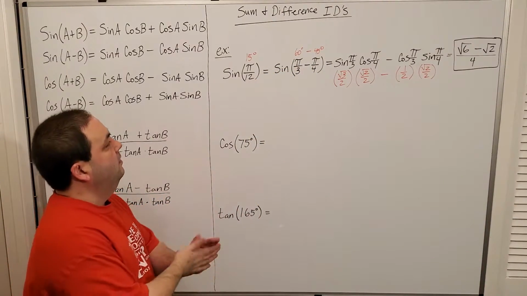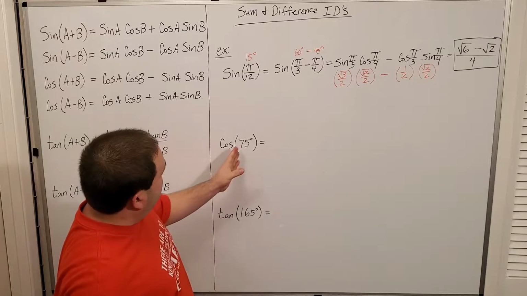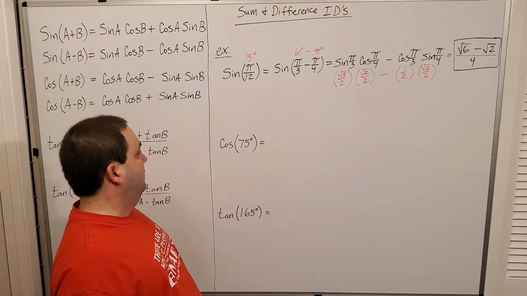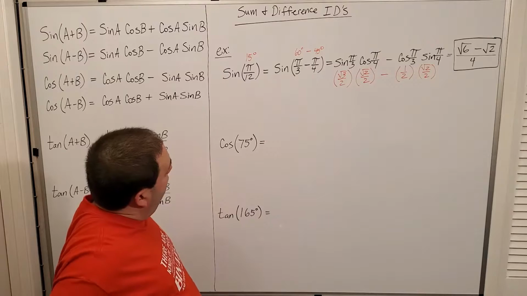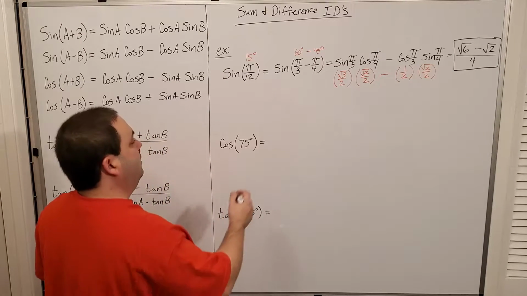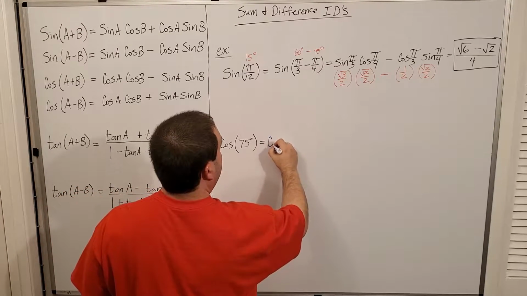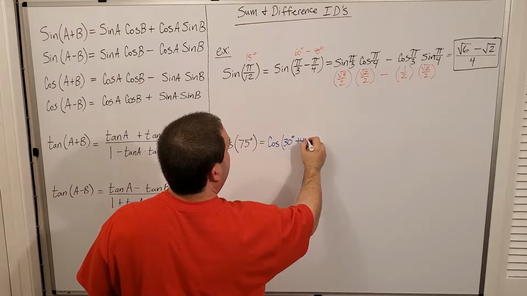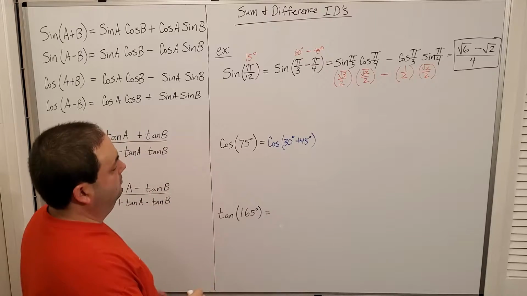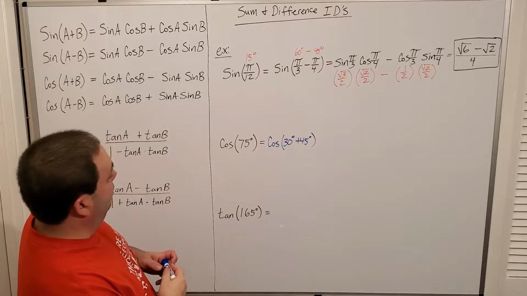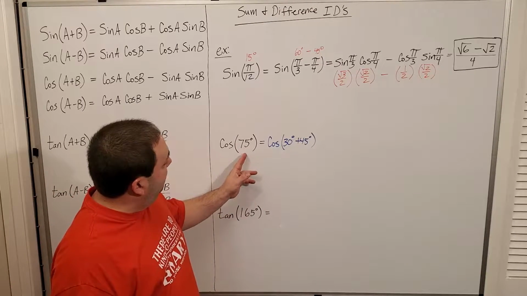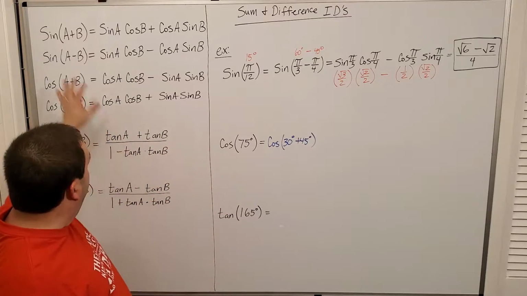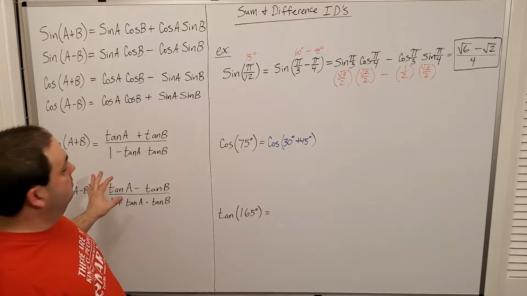So, next, cosine of 75. Okay? So for that one, let's do the cosine of 30 degrees plus 45 degrees. Again, the goal here is to rewrite what I'm doing as a structure that I have an identity for. Okay?